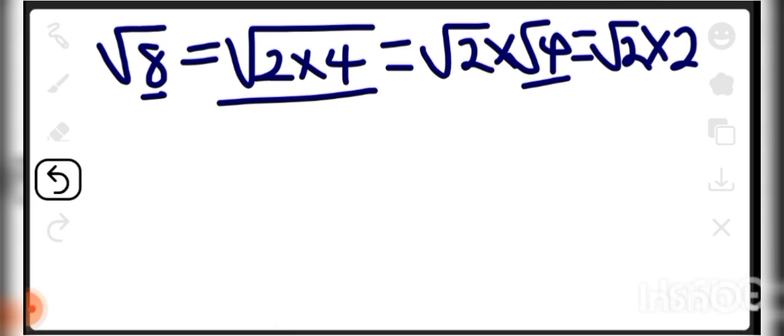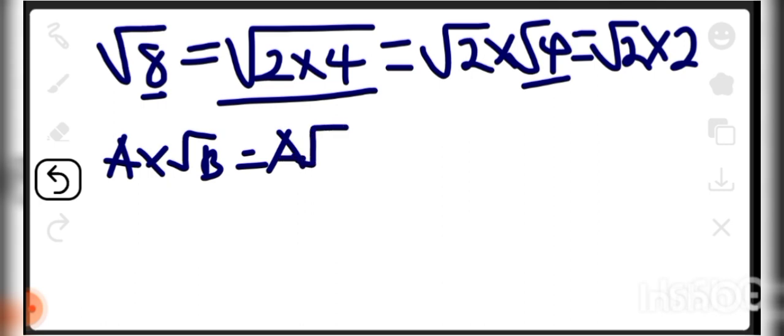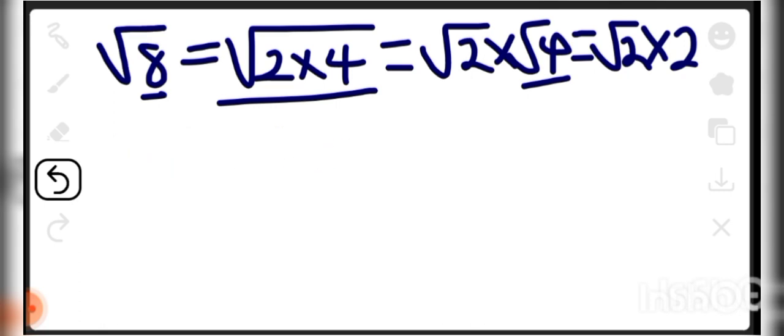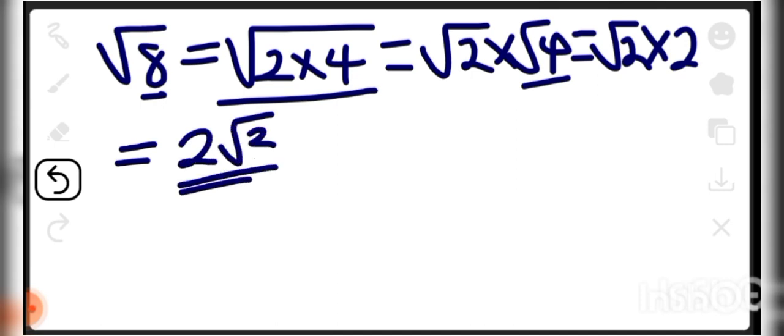Remember I told you A times root B is equal to A root B. A number times a surd is that number and that surd. So 2 times root 2 is 2 root 2. That's what we have as the square root of 8.